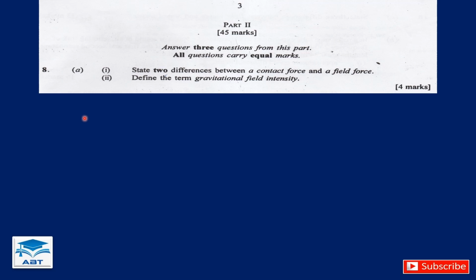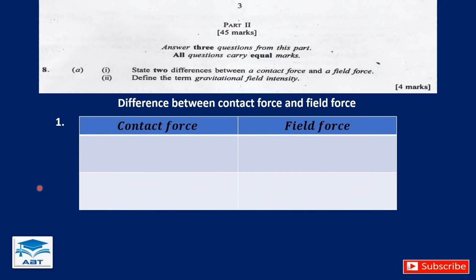Let's dive right into question 8. Question 8AI. State two differences between a contact force and a field force. Now, a contact force is a force that needs physical touch between objects.